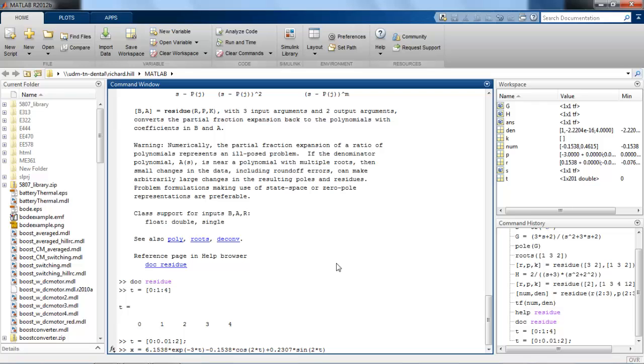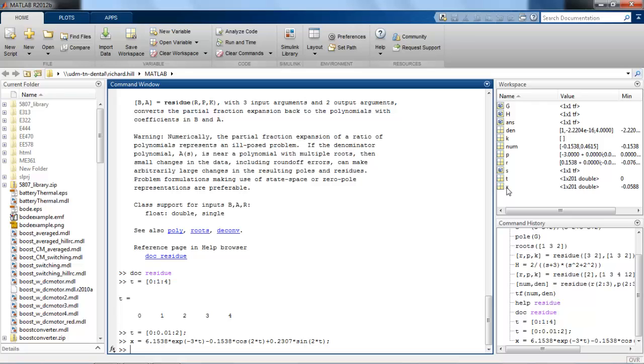Again, I will put the semicolon, but this x will have the same number of elements as t, where it's basically evaluated at all 201 values of t that have been defined.